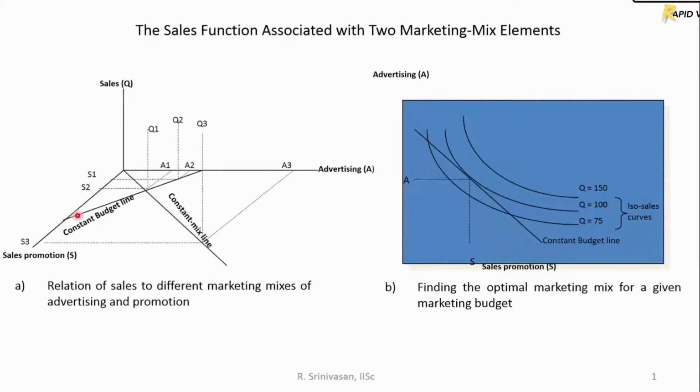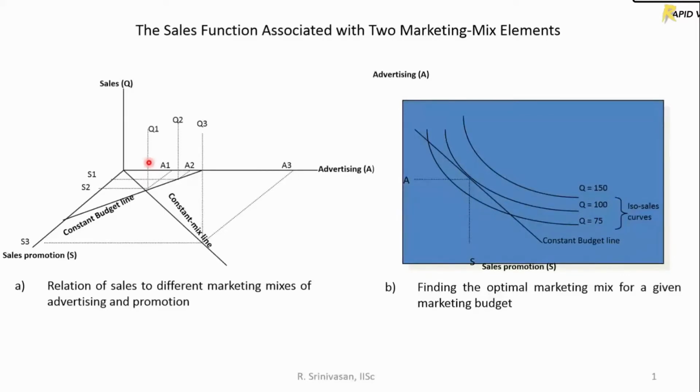So in this constant budget line, if you see, you have an A1 and an S1. For the level of A1, that is advertising expenditure, you have the corresponding sales promotion expenditure at S1. Similarly with respect to A2 and S2, and A3 and S3.